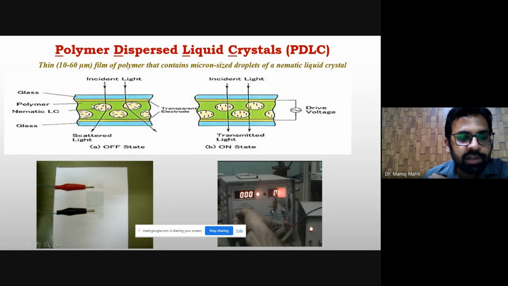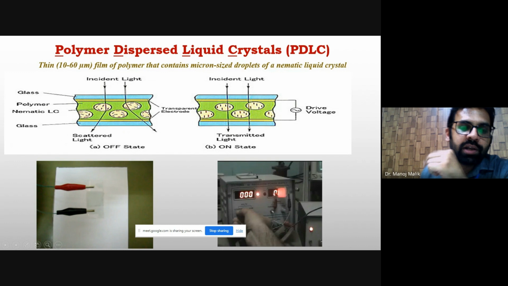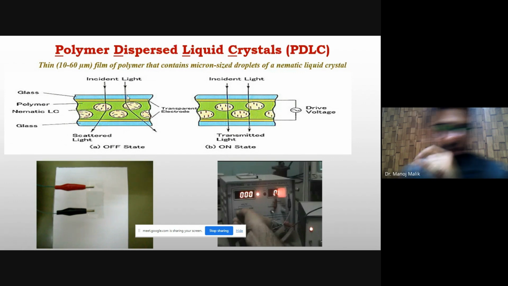If these are dispersed in this green polymer, now for the incident light from top, it has to pass through the entire material. And also, whenever we have to electrically control or we have to apply the electric field, that provision should be there in the assembly.